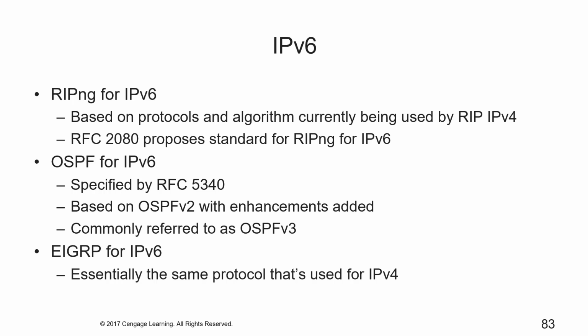OSPF for IPv6, or OSPFv3, is based on v2, with various enhancements added, and it runs directly on IPv6 and distributes IPv6 prefixes. EIGRP for IPv6 has changed little for IPv6. It's essentially the same protocol and still uses the best of distance vector and link state.